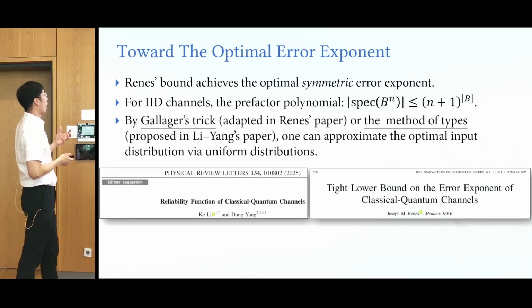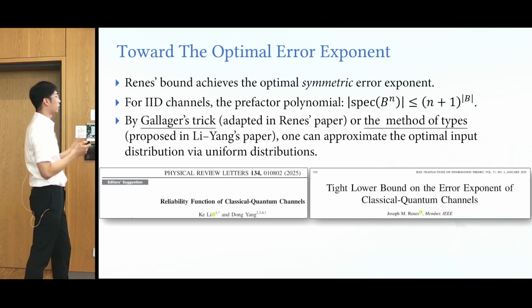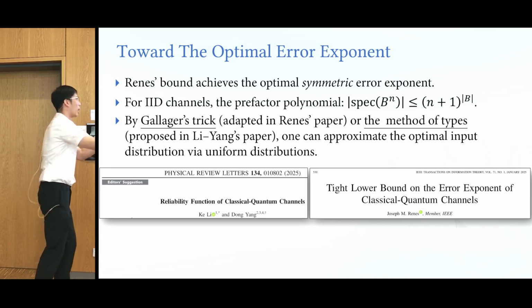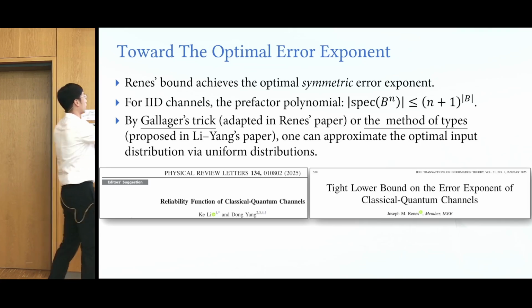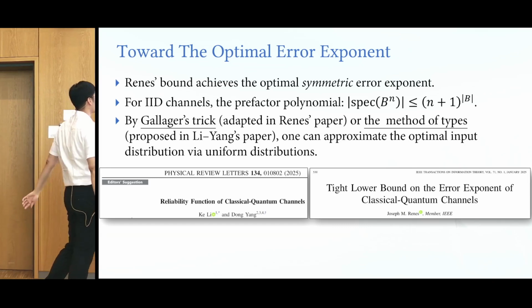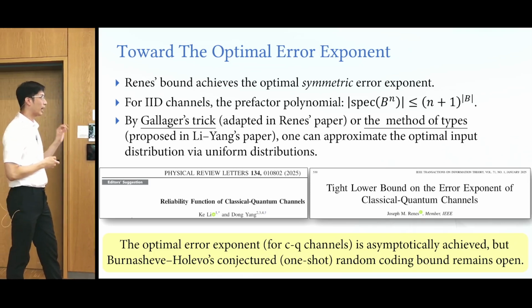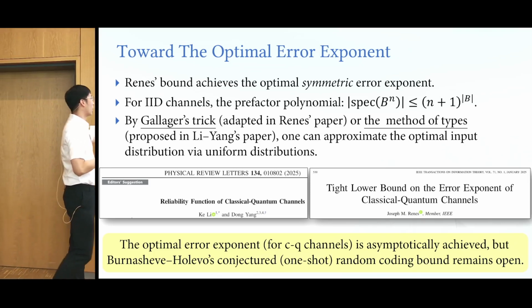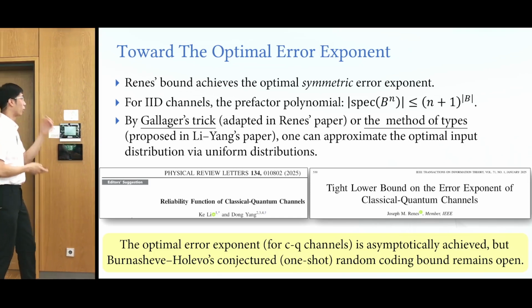So later, by adapting Gallager's input shaping method, and also independently by Li and Yang using a kind of method of types, they can approximate any input distribution, but go to asymptotics via the input distribution. So these two papers push the result further to asymptotics. So the result shows that the optimal error exponent for the CQ channel is asymptotically achieved, but Burnashev-Holevo's one-shot conjecture for the Rényi coding bound still remains open.